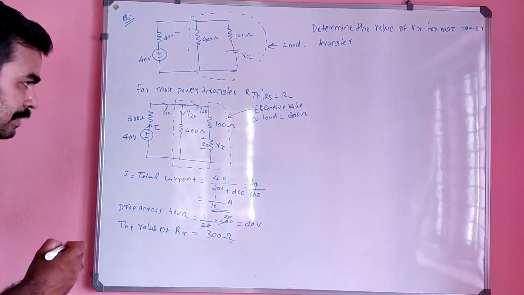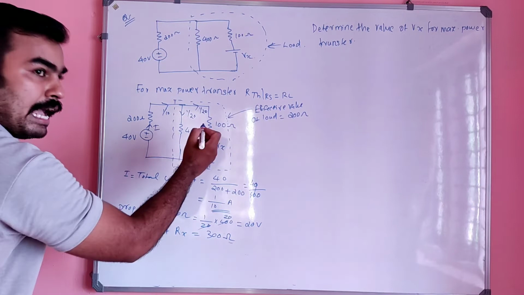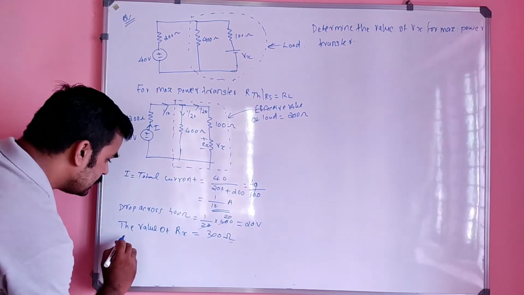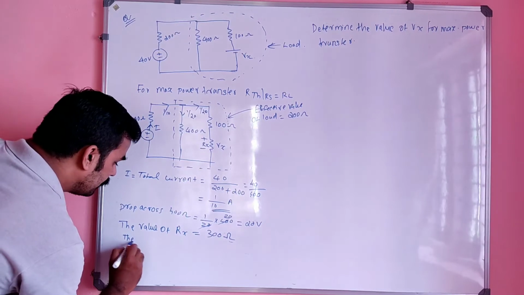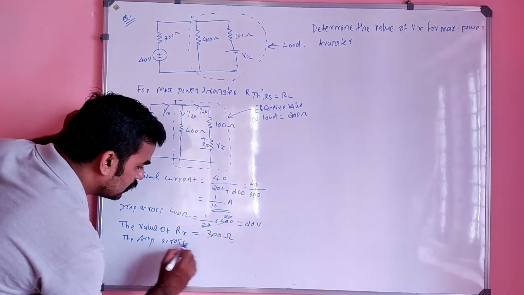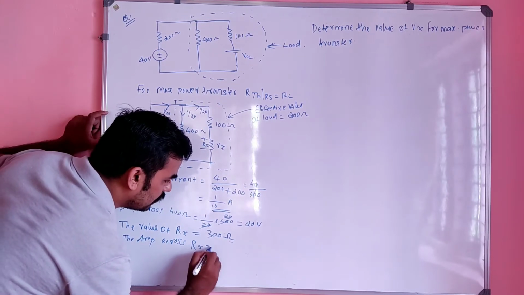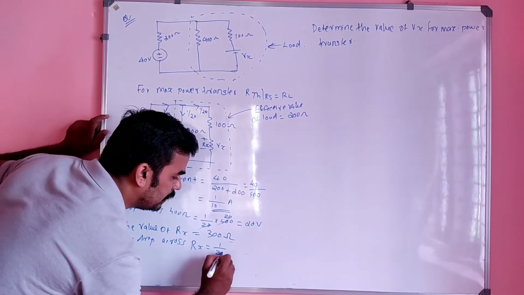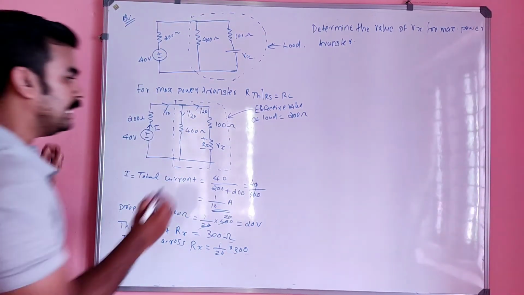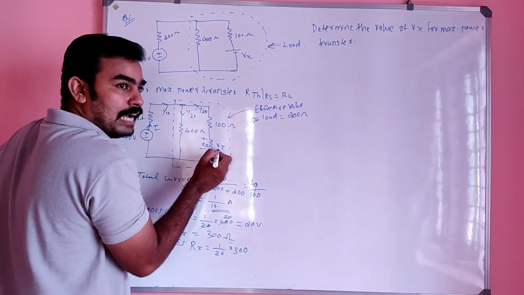That means due to 1 by 20 ampere there is a drop across Rx, which will be equal to 1 by 20 into 300.